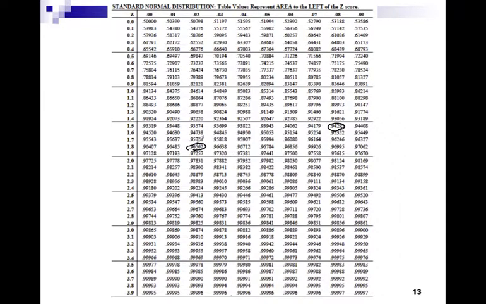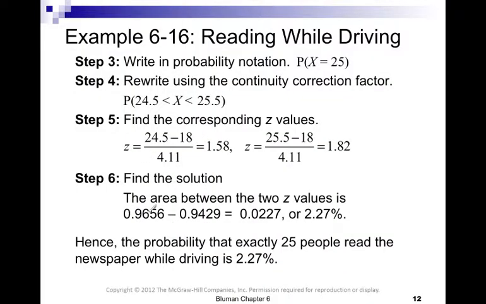And we'll go back up. 0.9656 minus 0.9429, subtract the two like we showed on our graph, and get the area between the two values, which is 0.0227, multiply by 100 to get the percentage, 2.27%. So the probability that exactly 25 people read the newspaper while driving is 2.27%.